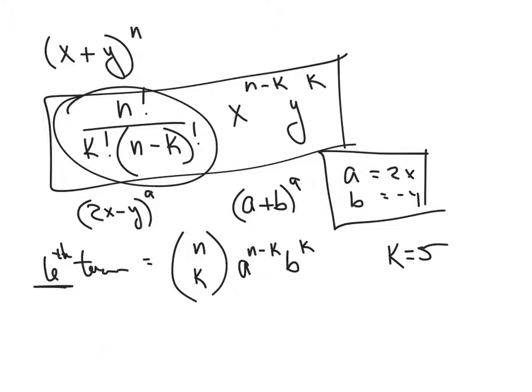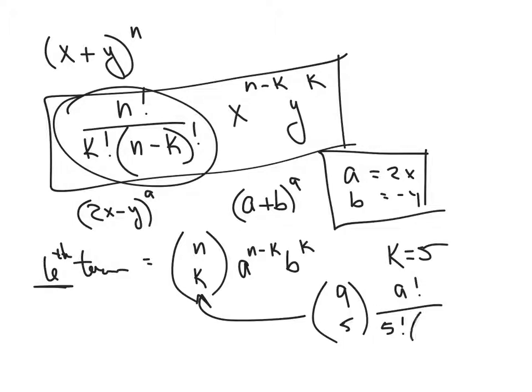All right, so I know my k is 5. Okay, so that makes things a little bit easy. So now I know that I've got 9, 5. Remember if we're doing it this way, 9, 5 would be basically 9 factorial over 5 factorial times 4 factorial.